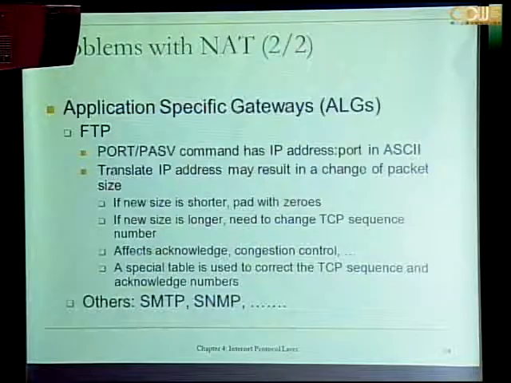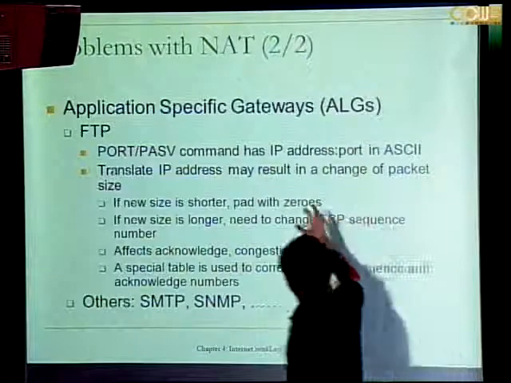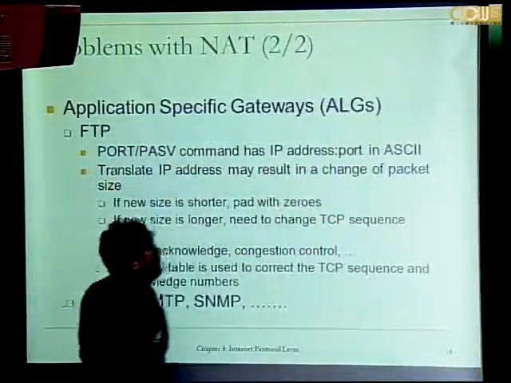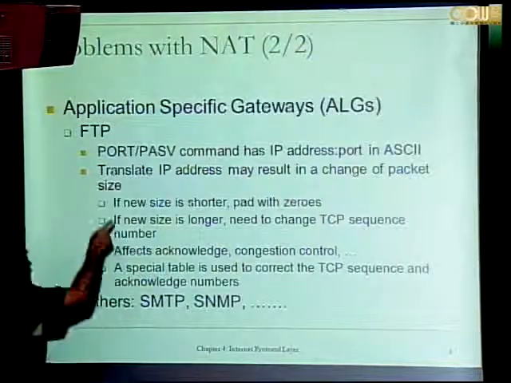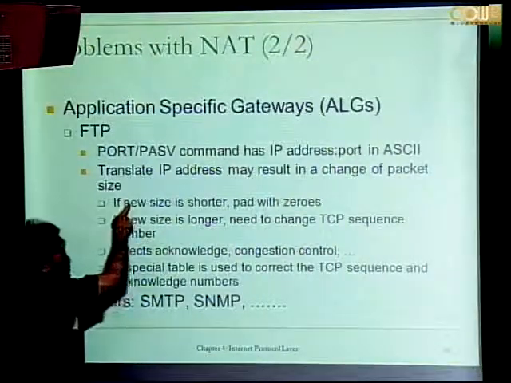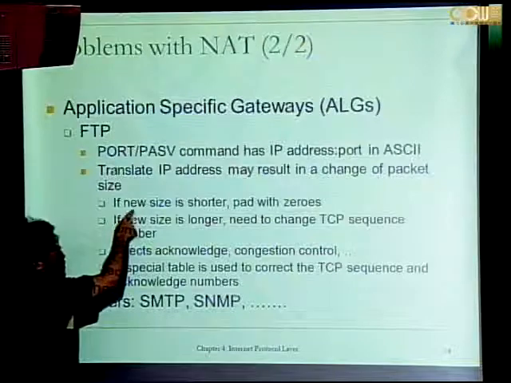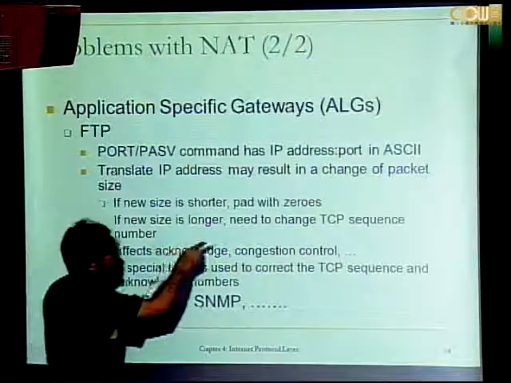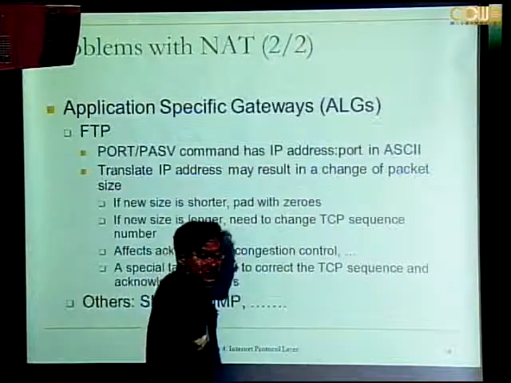So when you go inside the FTP message to do the translation, the length, the packet size will be changed. If the new size is shorter, then you pad with 0 to make it longer.